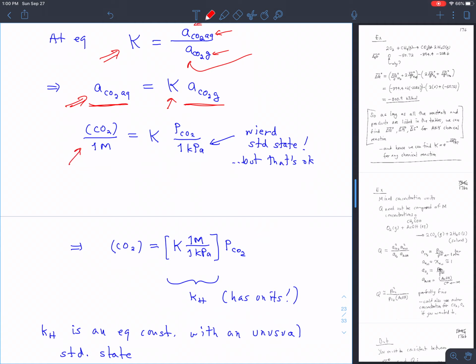Remember that the activity for CO2 in the aqueous phase should be chosen to be the molar concentration of CO2 divided by the standard state molar concentration. The pressure should be the pressure of CO2 divided by the standard state pressure.